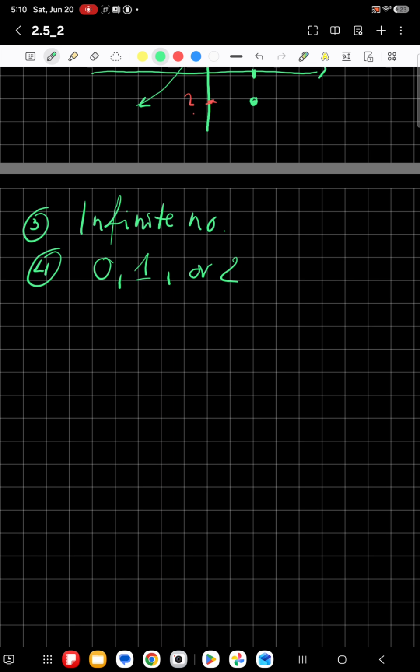We saw a function in the previous example that had 2, and the simplest one, 1 over x, would have 1. And a parabola doesn't have any asymptotes, horizontal or vertical. Okay.